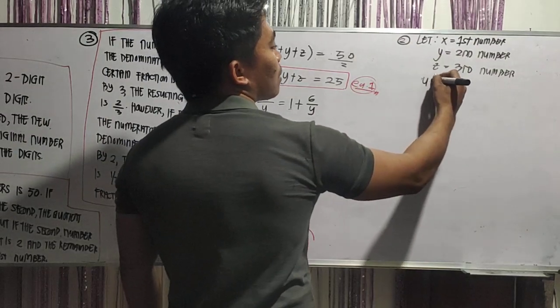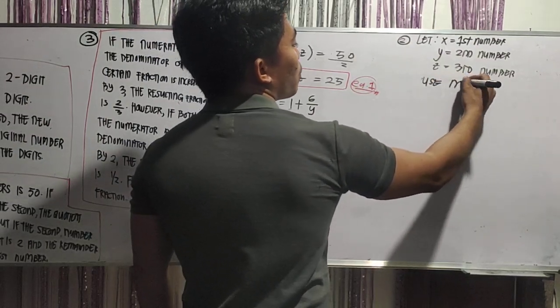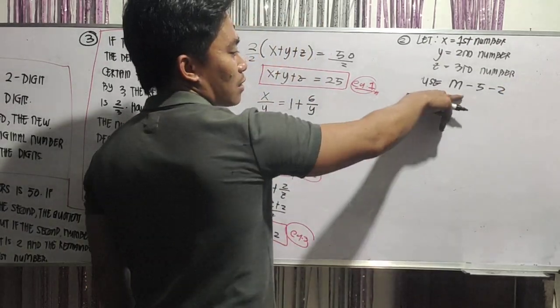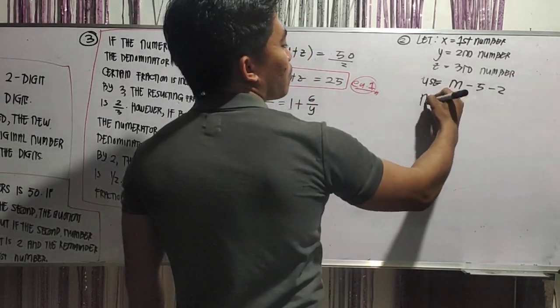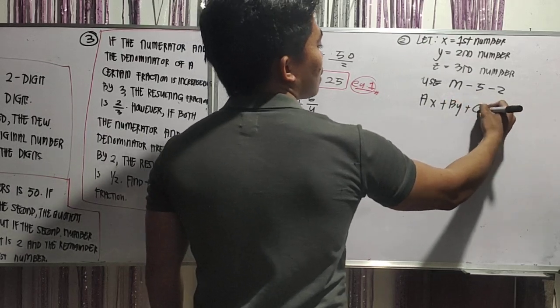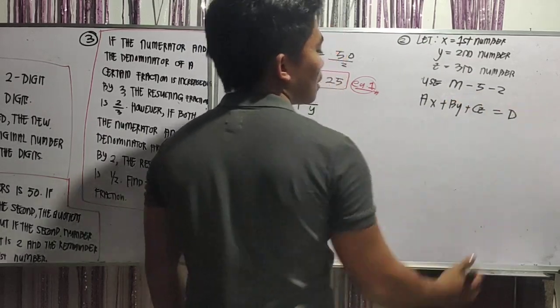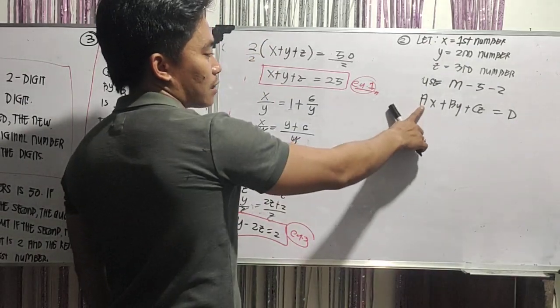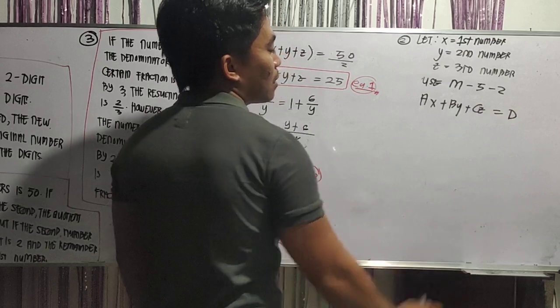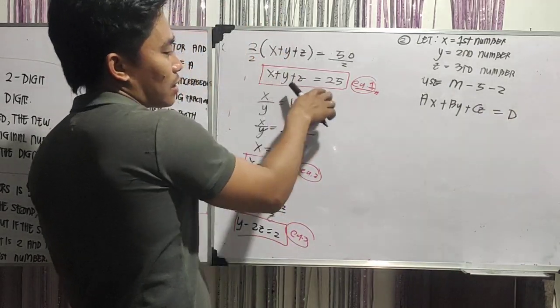Use what? Use mode 5, 2. Makikita mo ito sa calcio na in the form of ax plus by plus cz is equal to d. This is the coefficient of x, this is the coefficient of y, the coefficient of z, and this is the constant. So, kung makikita mo, in-arrange ko na yan.